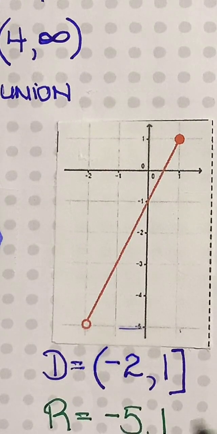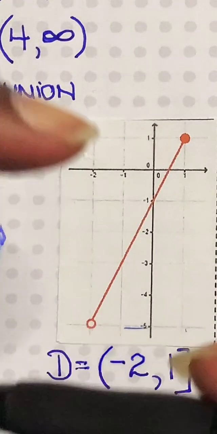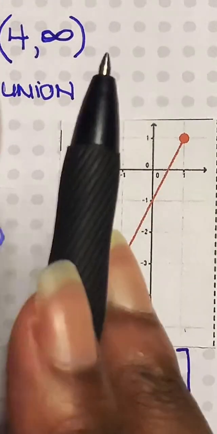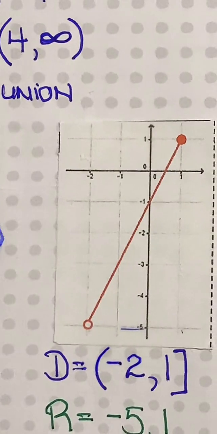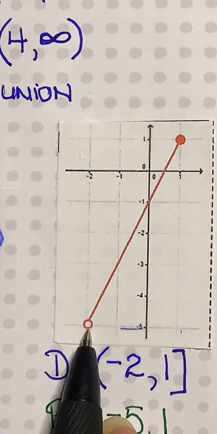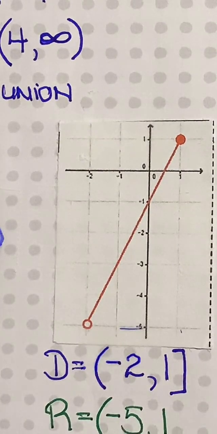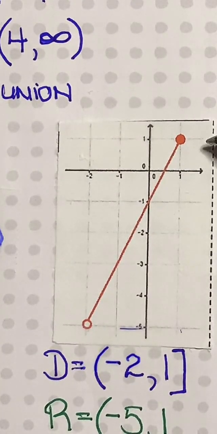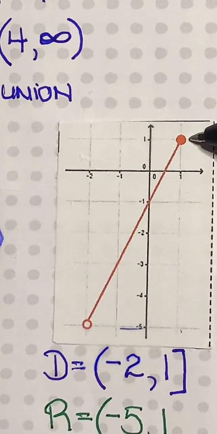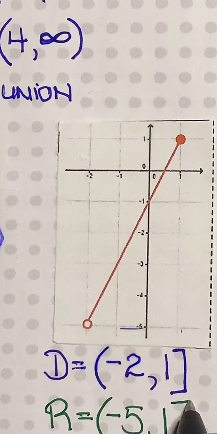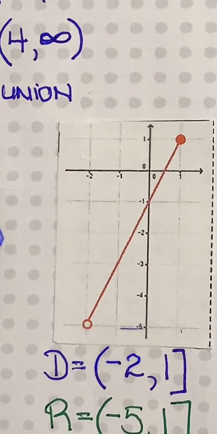All right. So my range, how tall? Domain, how wide? Okay. Since this is an open circle, that means this is going to be a parenthesis. And since this is a closed, this will be a bracket.